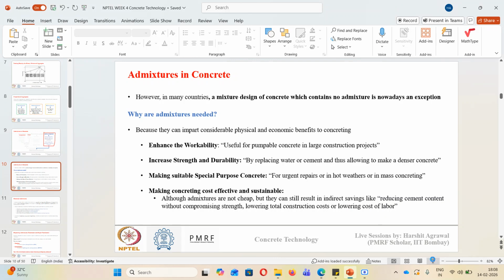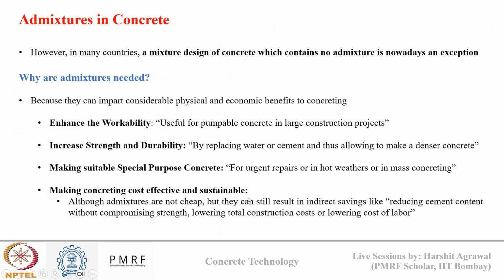So, as I was saying, the use of admixtures is said to be an optional entity, but nowadays preparing a concrete mixture without admixture is exceptional. It has become a must-needed and added entity. Why so? Because they can impart considerable physical and economic benefits to concreting. Now, how do they impart this beneficial effect to concrete? By enhancing the workability of concrete, which is useful for making pumpable concrete in large construction projects.